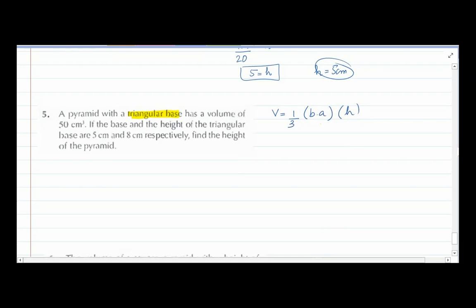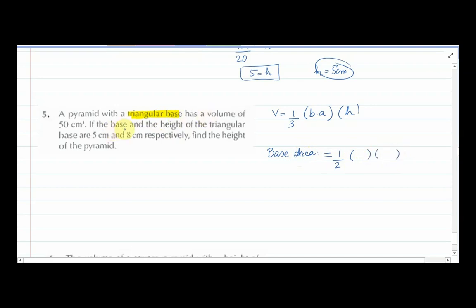Now the first thing you need to do is find the base area. And for base area, it is given that the base is a triangular base. That means the area of the base will be 1/2 base into height.